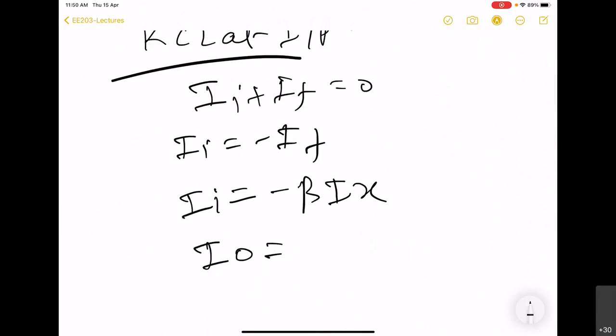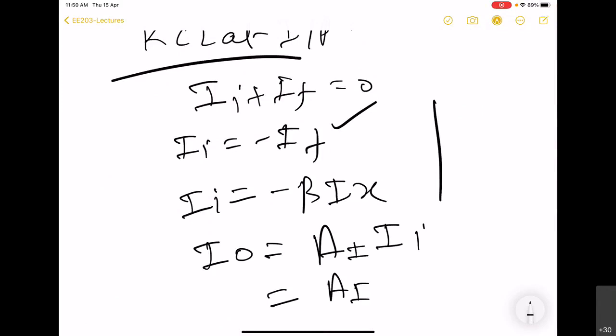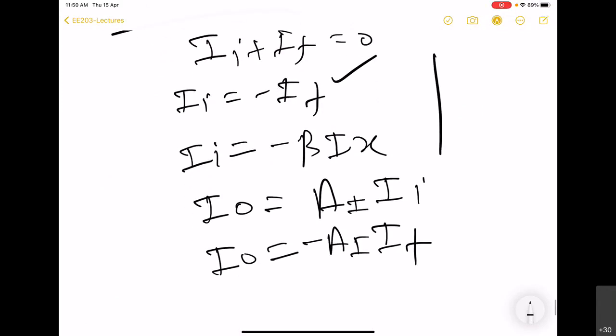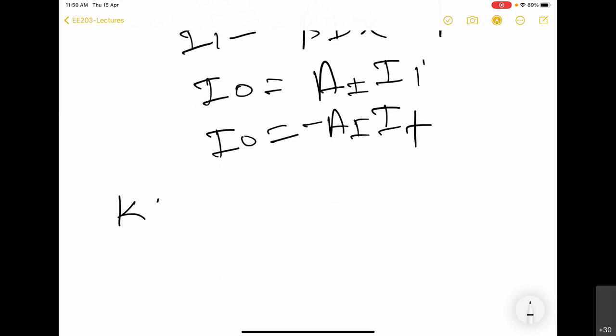And we already know that output current is AI into the current that is flowing into it. And on the input side, we have already seen this. So this is AI into IF. Now we apply KCL at output.